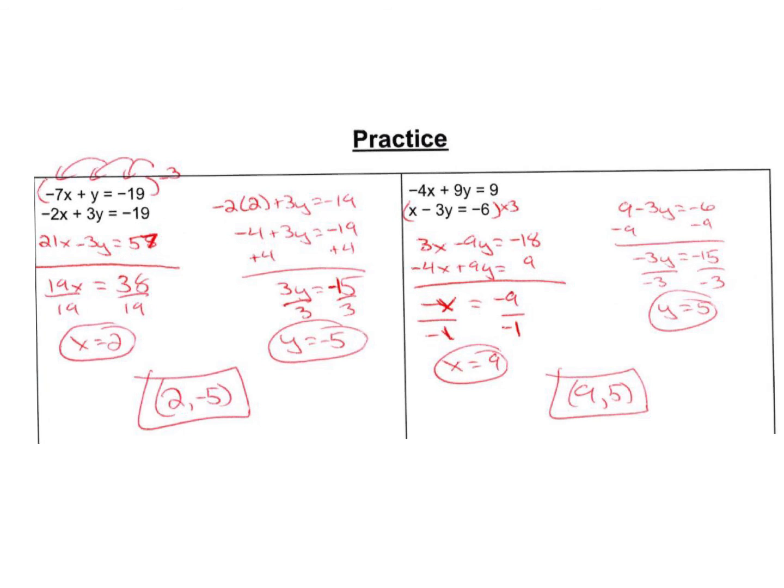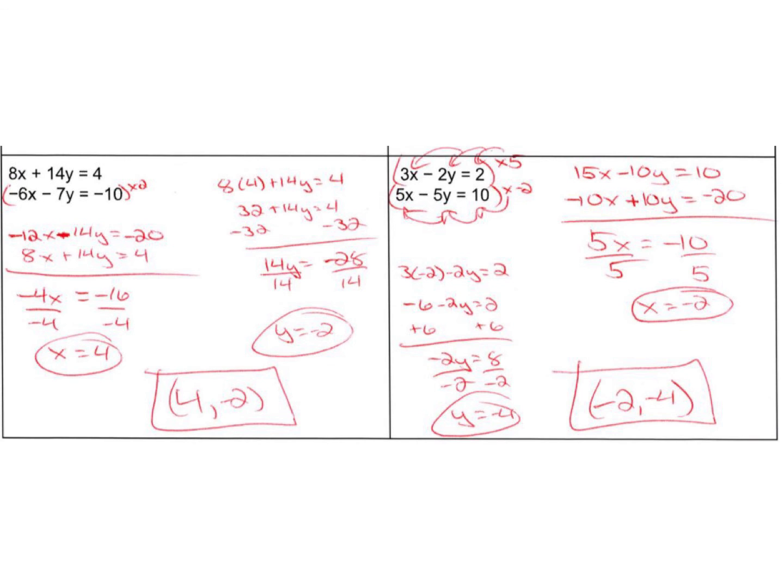And let's look at the other two. So this one here looks like we decided to multiply by a 2, get that answer, which is going to allow us to solve for x when our y's cancel. Once you have your x, plug it back in, solve for y, and there's our answer.